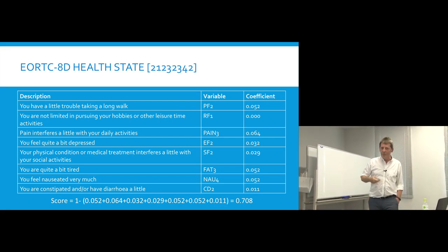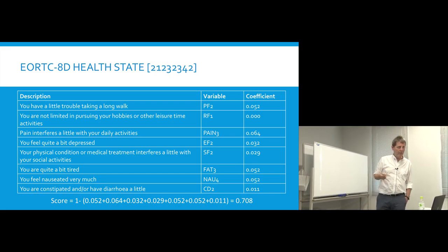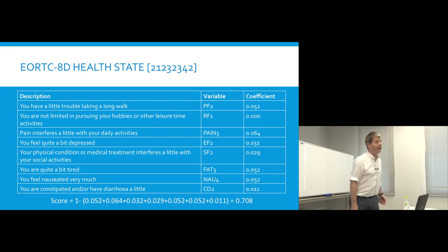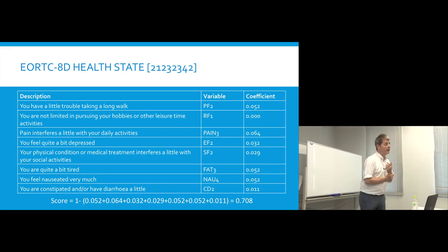And so taking the coefficients from their model, these things here, you can estimate a score for this health state. And the score is 1 minus these different bits. And we get 0.708. And so what they've done is they've produced a condition-specific QALY, a cancer QALY.